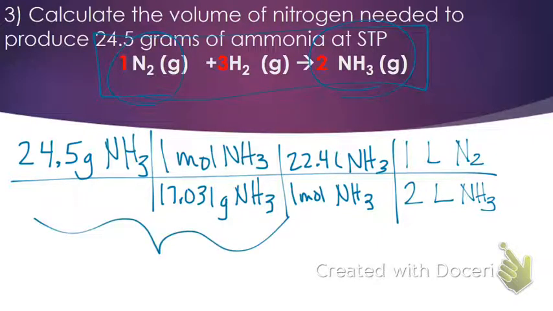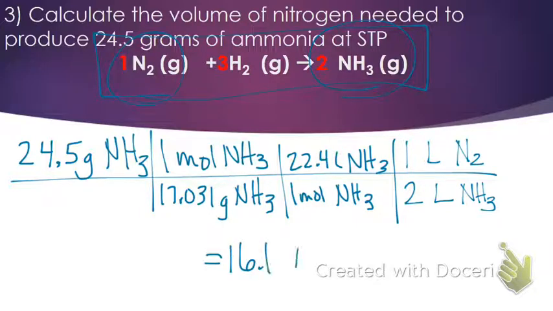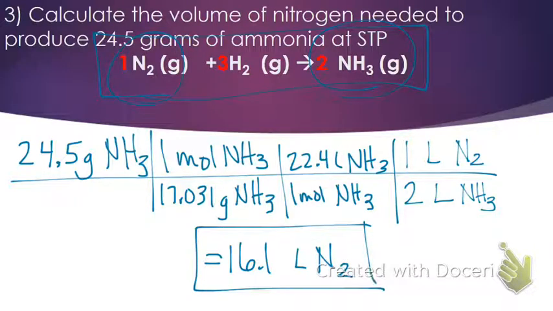We always do this over and over and over again. And then we've practiced doing this a little bit, so this is really the only new step, the only special step that we've got here. So, all of this set up and worked out gives me 16.1 liters of nitrogen as my answer.